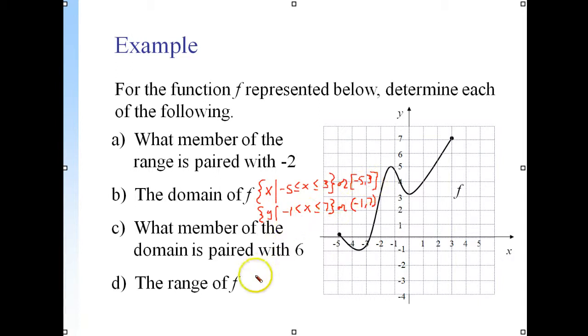And then the range over here is -1 is less than y because there isn't a solid dot there, it doesn't quite meet the axis, but definitely the 7 is included, so y is less than or equal to 7. So 7 is included, that's why 7 has a bracket here in our interval notation.